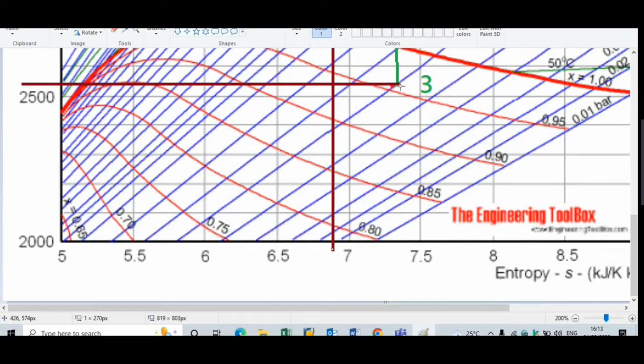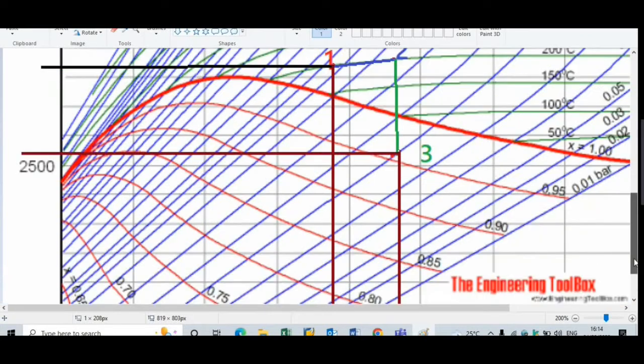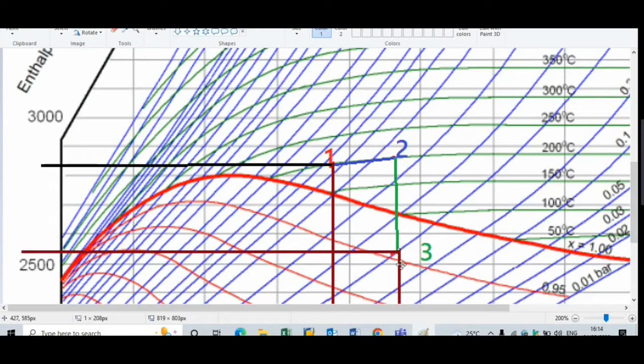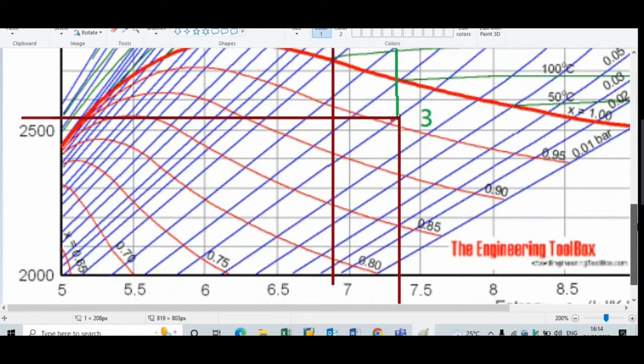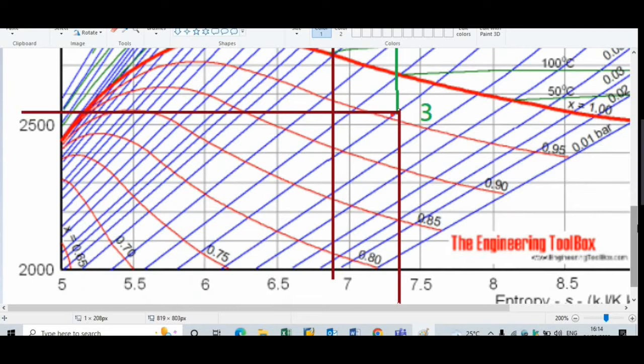Now in the same way we will extend this point 3 and we will find out the entropy. Now if we observe here, entropy at point 2 and 3 are the same. So S2 is equal to S3 and that is equal to 7.24 kilojoule per kilogram Kelvin.